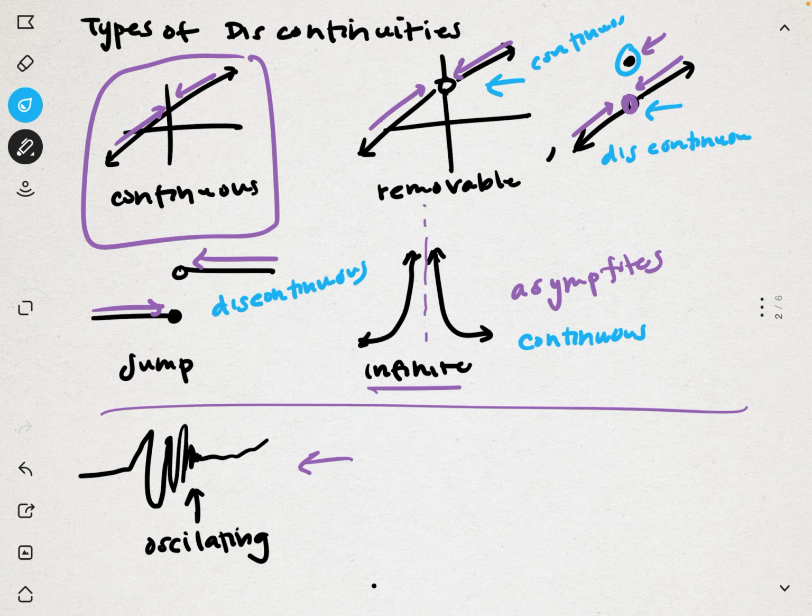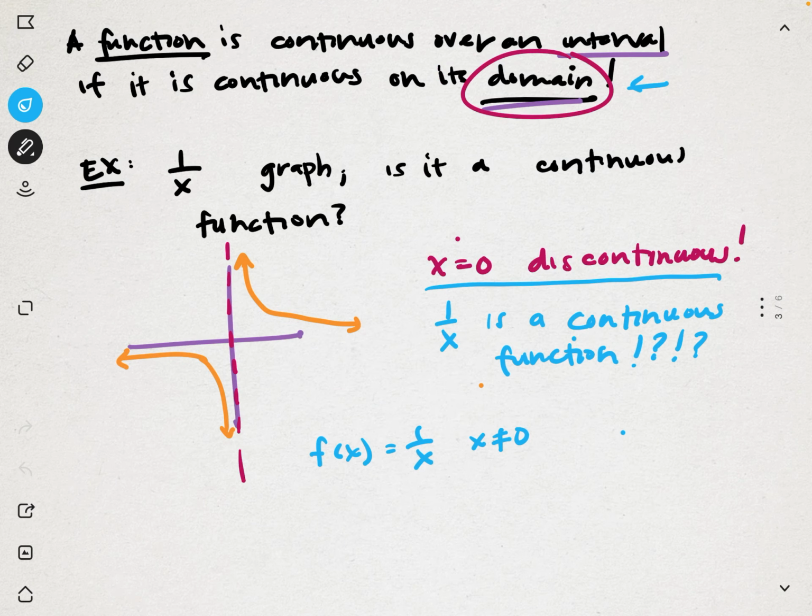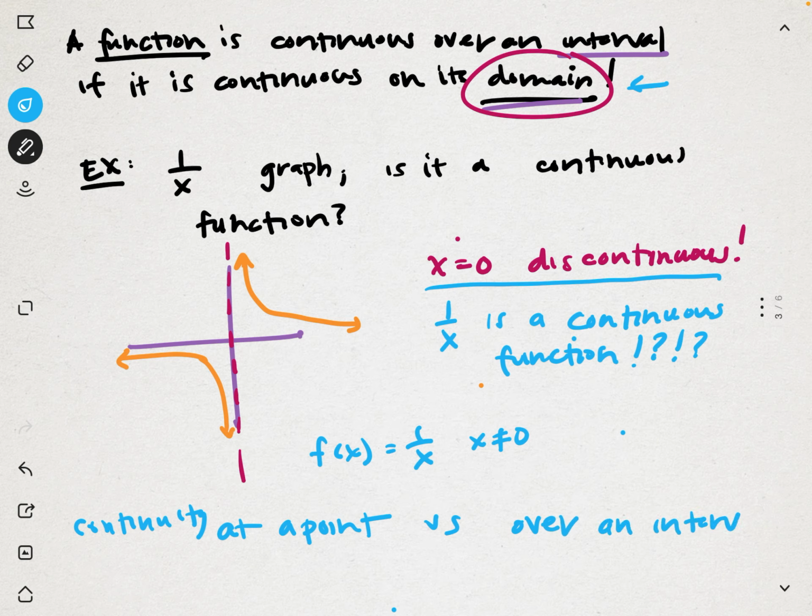So be very, very careful when we're talking about continuity at a point versus over an interval. And the whole thing with the interval is, remember that it depends on the domain of your function.